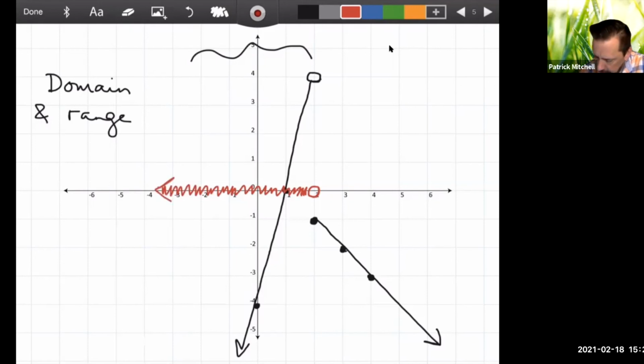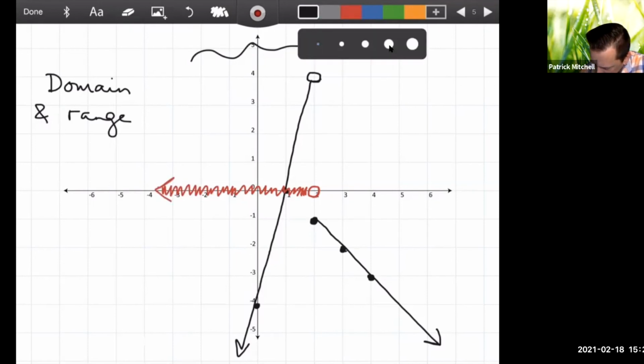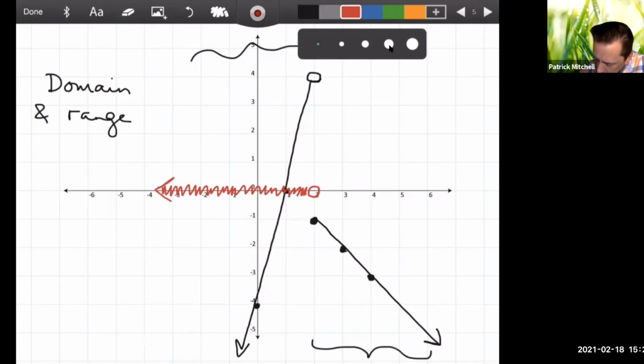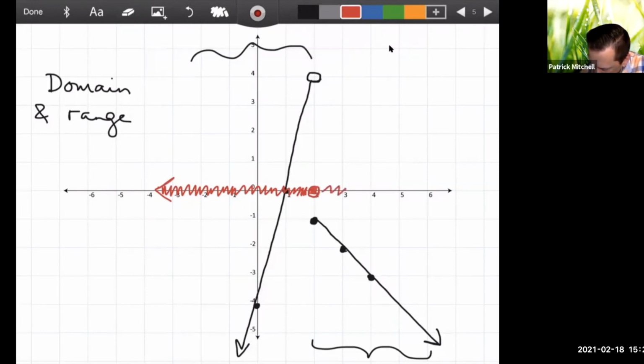And then if you took this piece and squashed it onto the x-axis, now you would hit this point and you would hit every point to the right. So what I'm saying to you is that the domain of this function is all real numbers. Every x value is represented somewhere on this graph. And remember, how do we write all real numbers using interval notation? Like this, -infinity, comma, infinity.